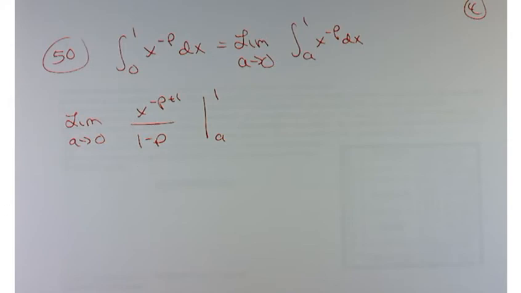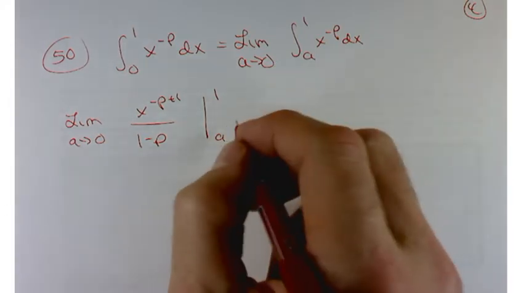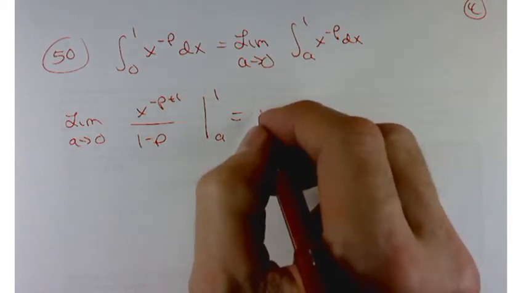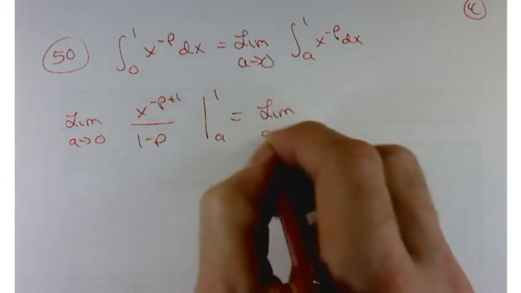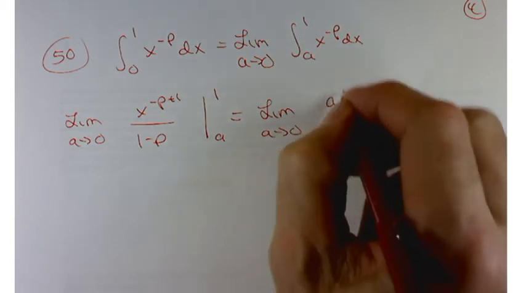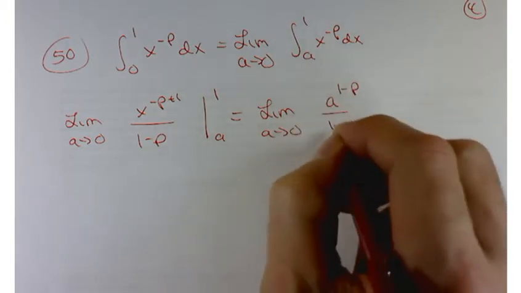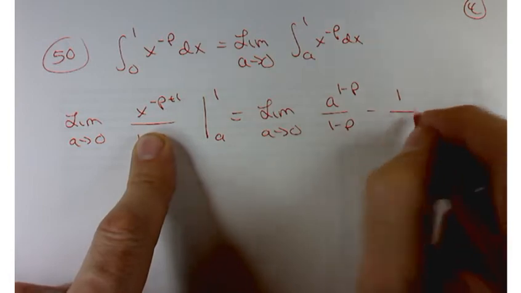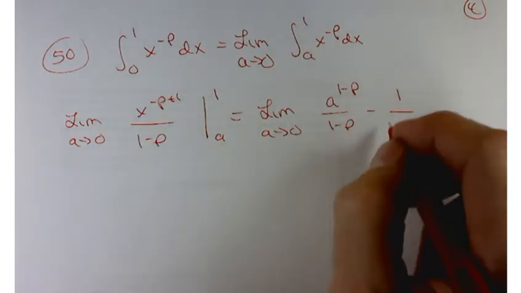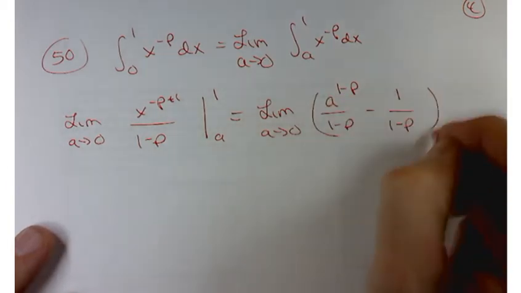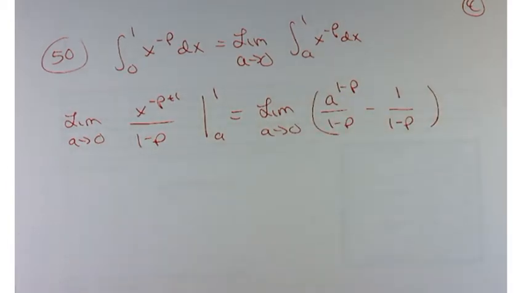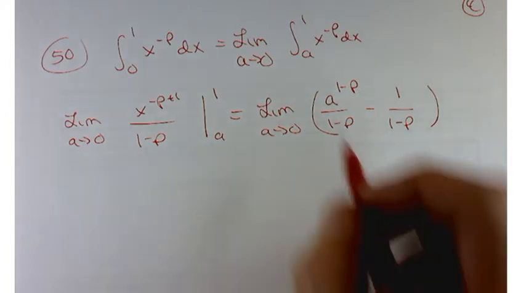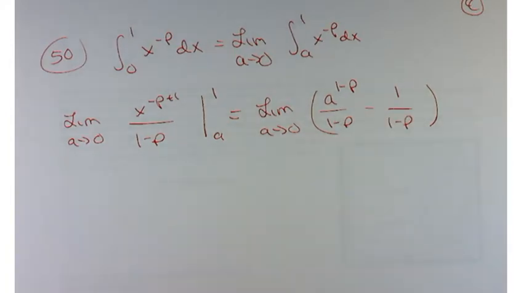So let's plug in a. So it's going to be the limit as a approaches 0 of a to the 1 minus p power over 1 minus p, minus 1 to the 1 to whatever power is still going to be 1 over 1 minus p. This is getting deep.